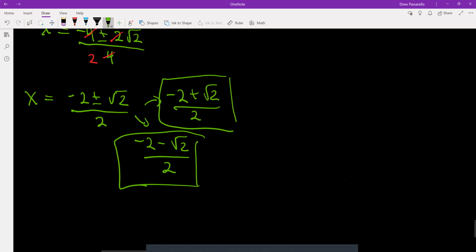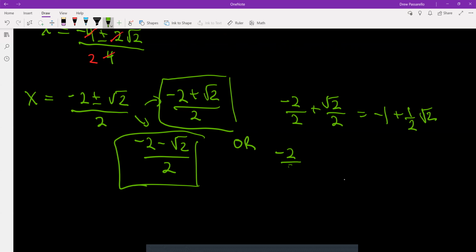Or if you want to keep going, you could write this first one as -2 over 2 plus square root of 2 over 2, which turns into -1 plus 1/2 square root of 2. And then the other one turns into -1 minus 1/2 square root of 2.